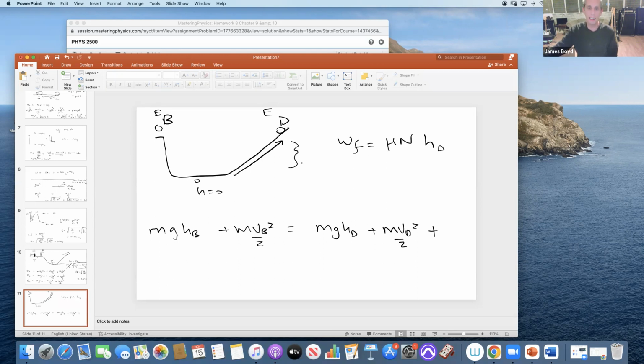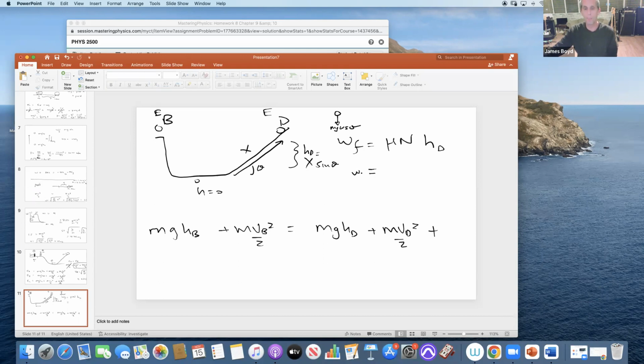But the height at D, okay, is equal to x, our hypotenuse, times sine of the angle. So h_D is going to be equal to how far we went up the incline times sine of the angle. N, since we're on an incline, remember N is mg cos theta.